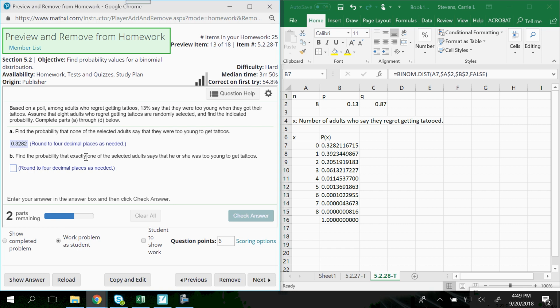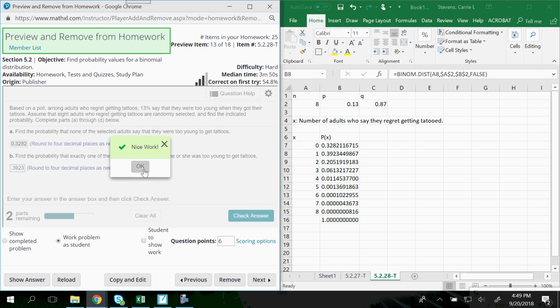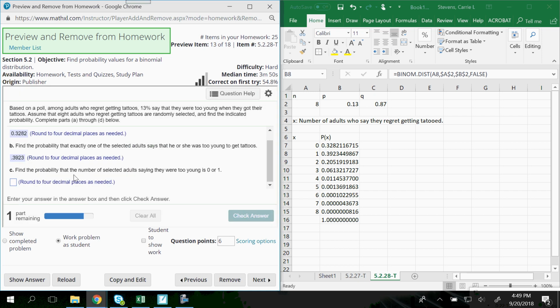And then find the probability that exactly 1, that would be this answer right here. So that's 0.3923. Okay, find the probability that the number of selected adults saying they were too young is 0 or 1. So that would be adding these two together, which is easy to do here.